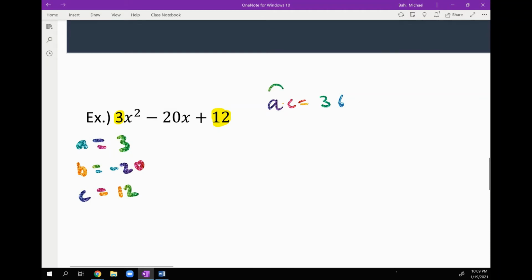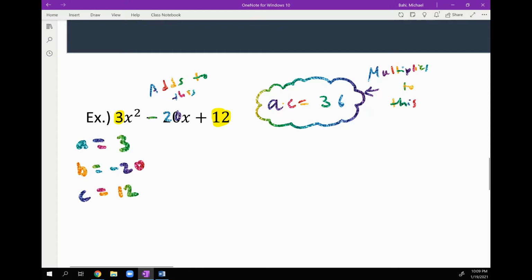So we're temporarily going to think of this number, and we're going to try to think what multiplies to this and adds to negative 20. The reason for that is because, one, there's no numbers that multiply to 12 and would add to negative 20.